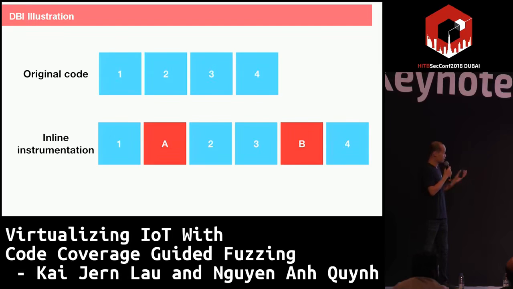So instead of running 1, 2, 3, 4, after instrumentation, you run 1, A, which does something first, and return, then we run 2, 3, and next we run our other instrumentation in B, and after that we return and run 4. But anyway, remember that A and B should not change the behavior of the program.